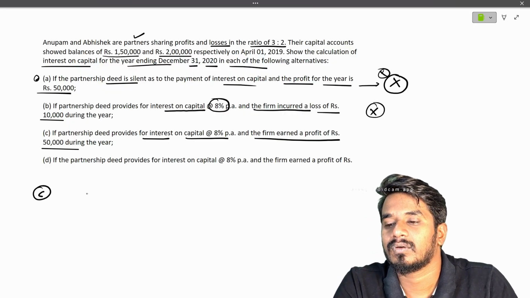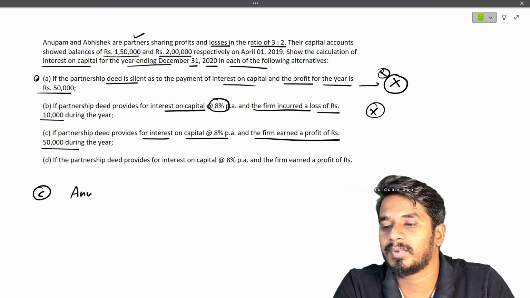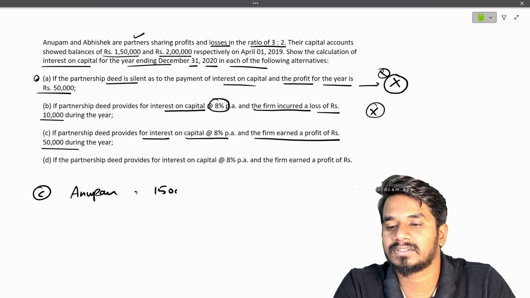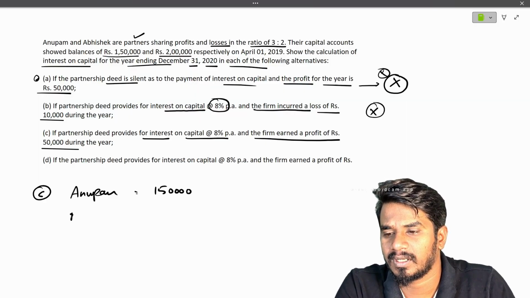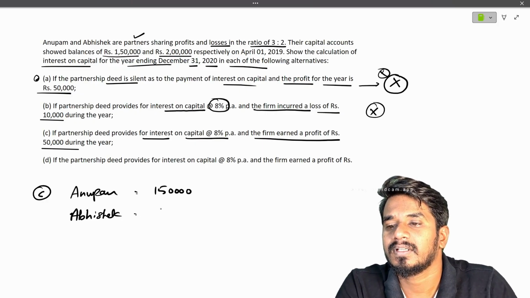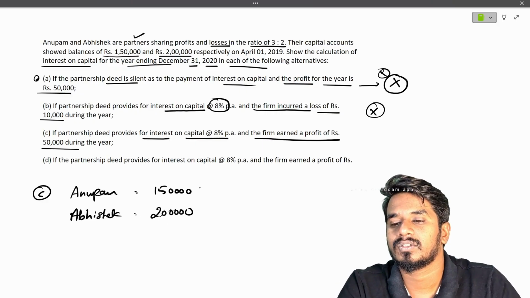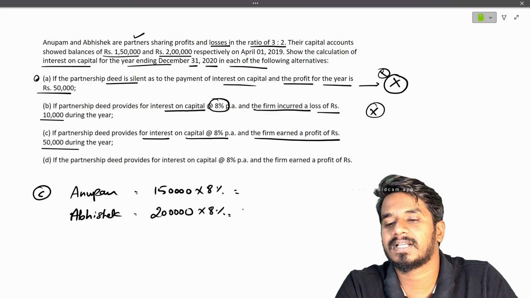See, what is the capital they have remaining? Anupam has 1,50,000, and Abhishek has 2 lakh capital balance. So what is the interest rate? 8%. How much will it come out?